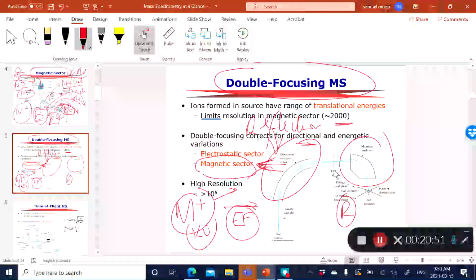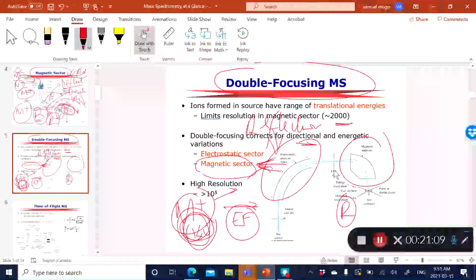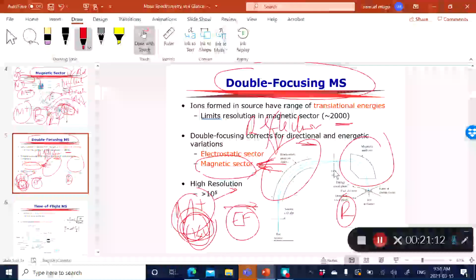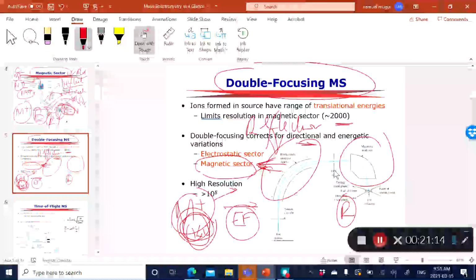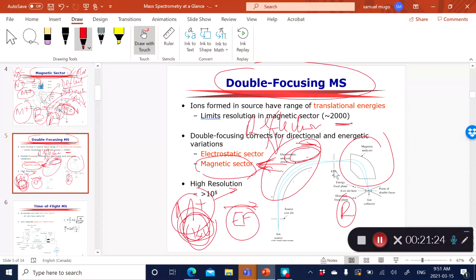Maybe just to emphasize this again, with the electrostatic analyzer, most of the ions come in with differential kinetic energies, and so they are mobile. Sometimes the electrostatic analyzer is a reflectron, or an ion mirror, which comprises just a sheet with a voltage applied to it.